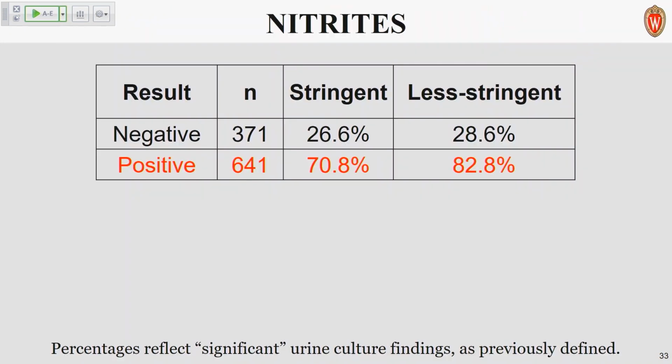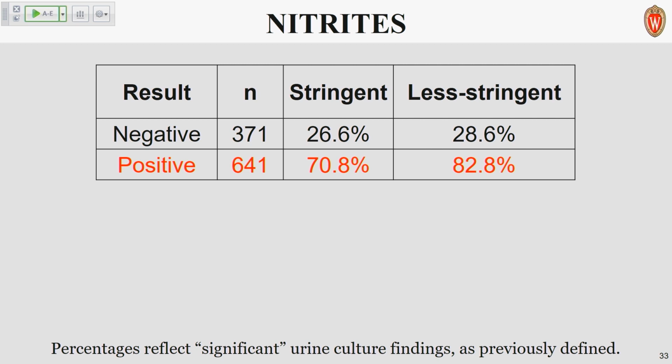Next slide. So here are the data. So first of all, looking at nitrites, all right? So a positive nitrite result, and remember all of you back in school, Enterobacterales reduce nitrates to nitrites, right? So you have a nitrite in there, it could be an Enterobacterales causing your UTI. So using the stringent criteria in which it looks like a laboratory slam dunk culture for a UTI, a positive nitrite result resulted about 70% of the time in a significant microbiology finding.